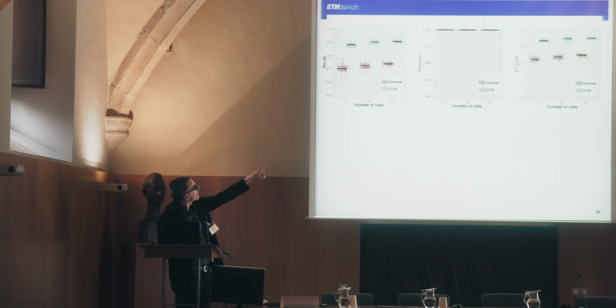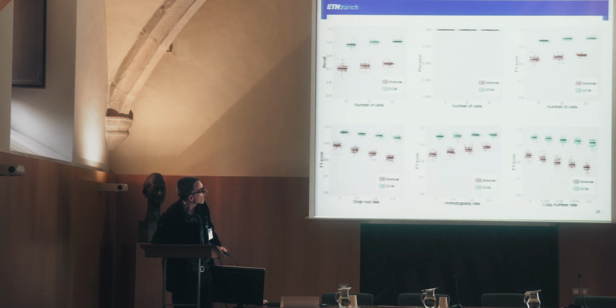And if you look in the middle, that's precision, and the precision is very high for both of these methods, so they're very conservative, both of them. But in terms of recall, on the left here, you're seeing a huge gain due to the use of the tree and the simultaneous inference of the two. And we analyzed this as a function of the dropout rate. Of course, then the performance decreases, still much better for sci-fi as compared to MONUVA.